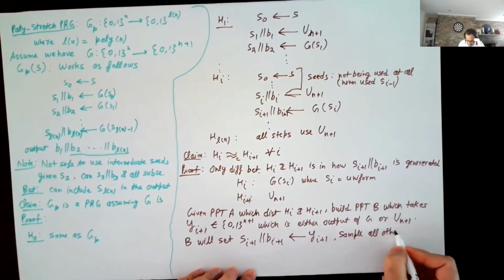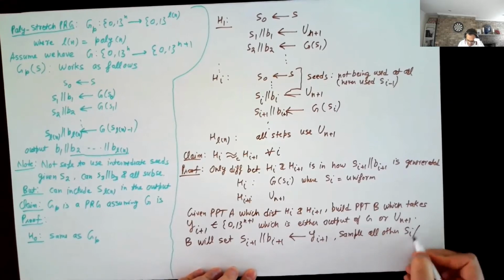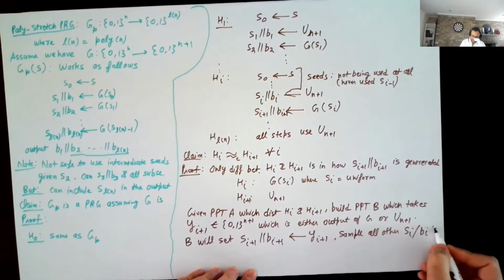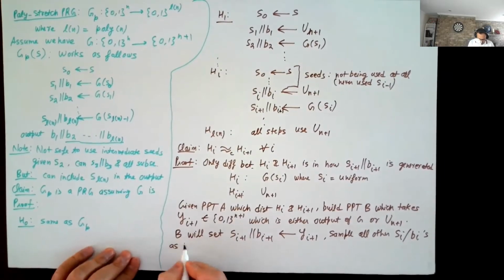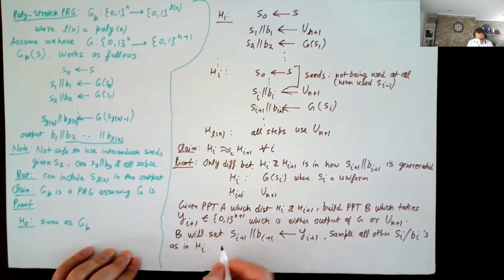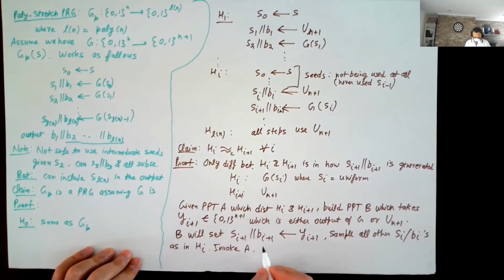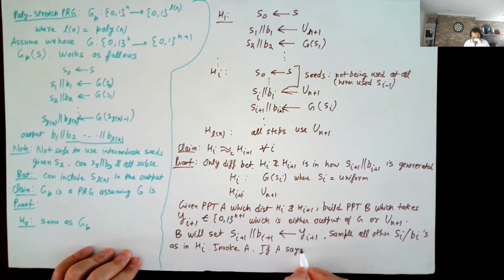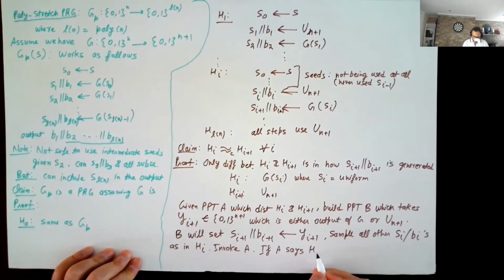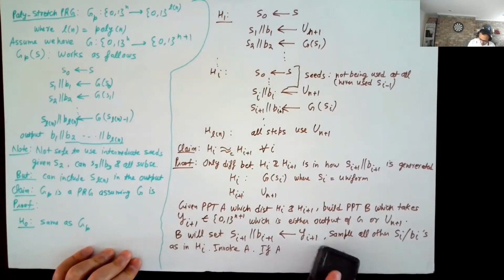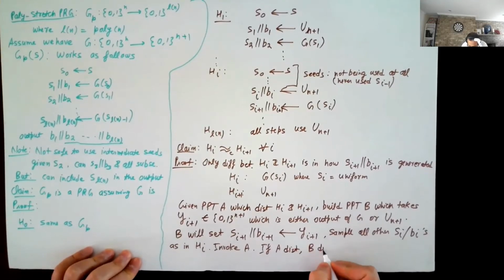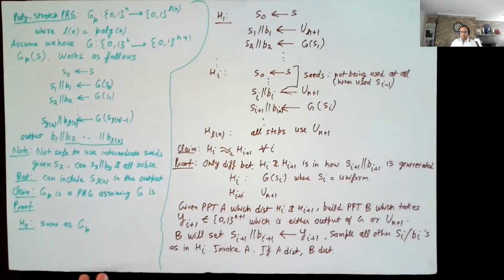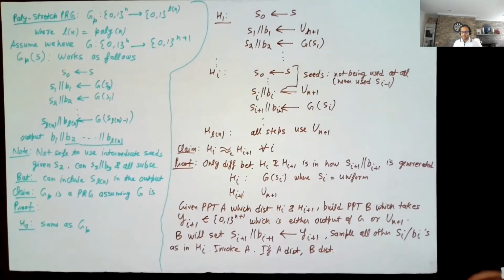And then sample all other Si and Bis as in Hi, invoke A. If A distinguishes, then B also distinguishes with the same distinguishing advantage, right?